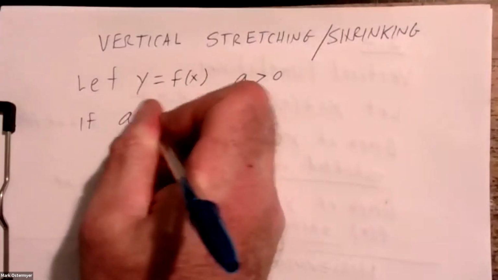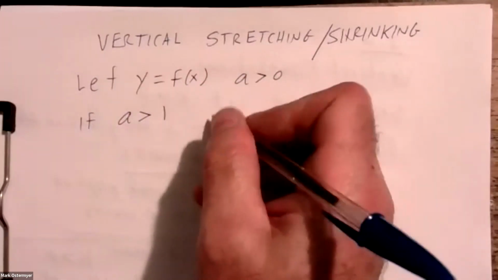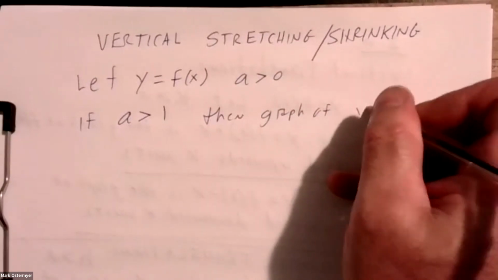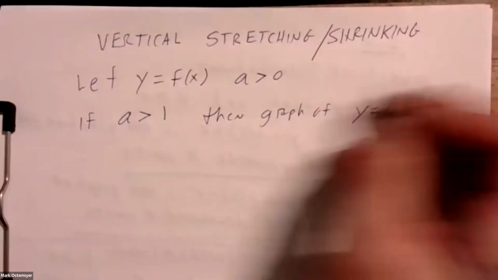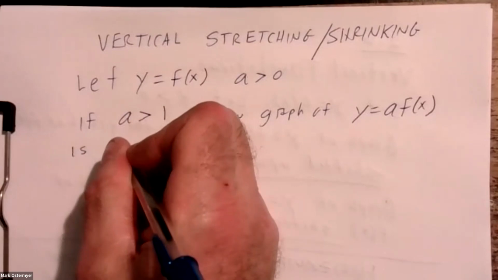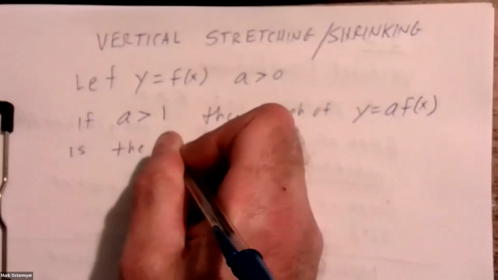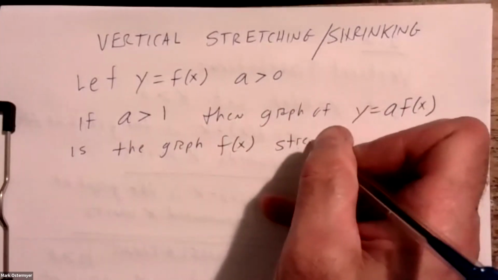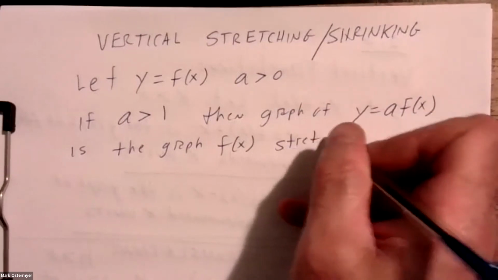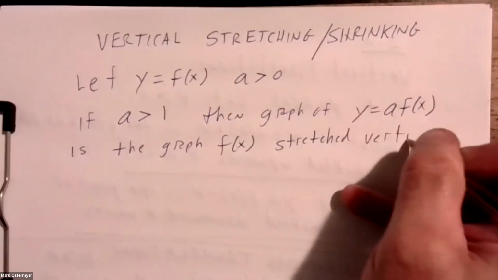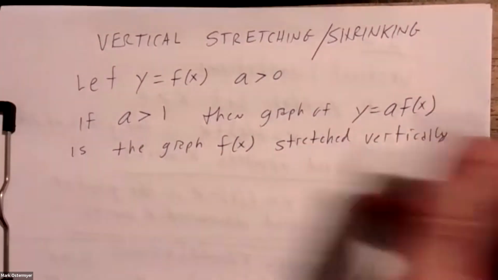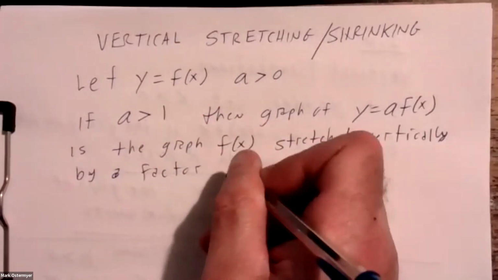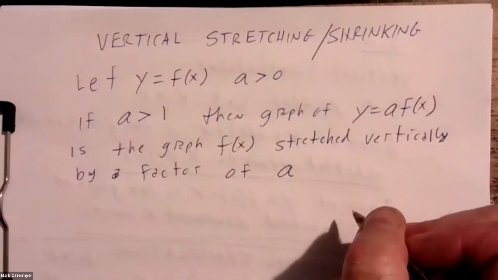If, ladies and gentlemen, a is a positive real number greater than 1, then the graph of y equal to a times f of x is going to be the graph of the basic parent function f of x stretched vertically by a factor of a. Okay.